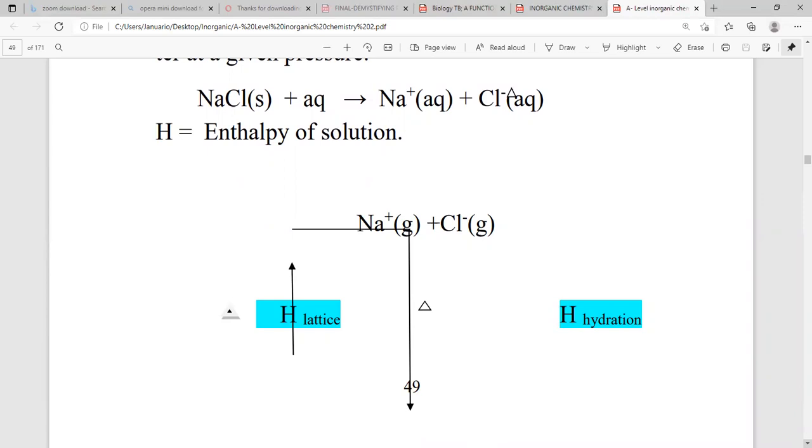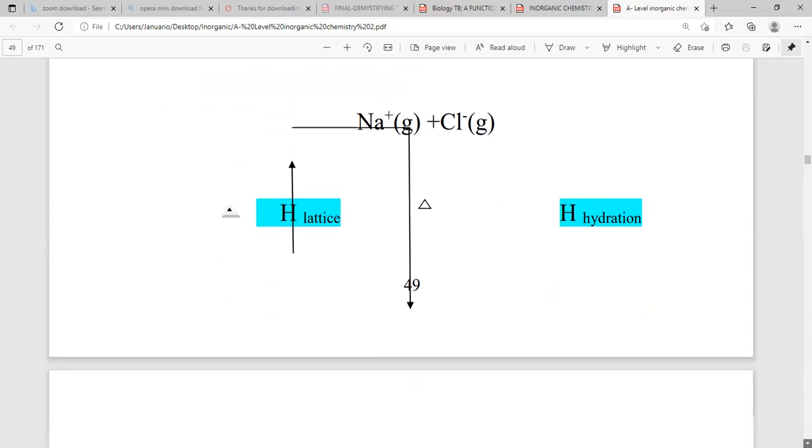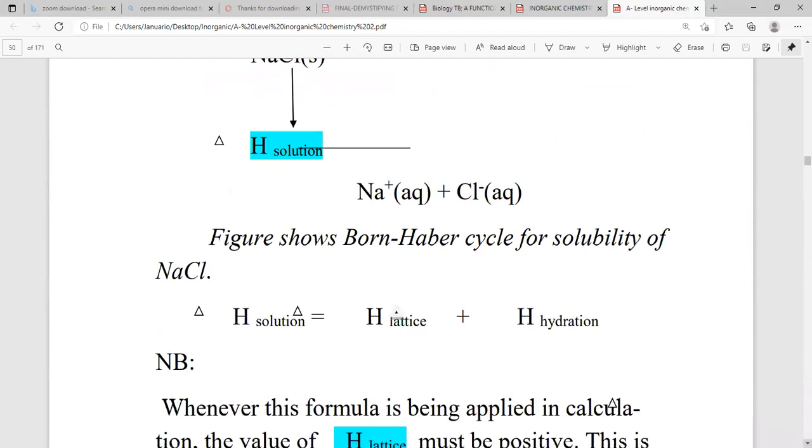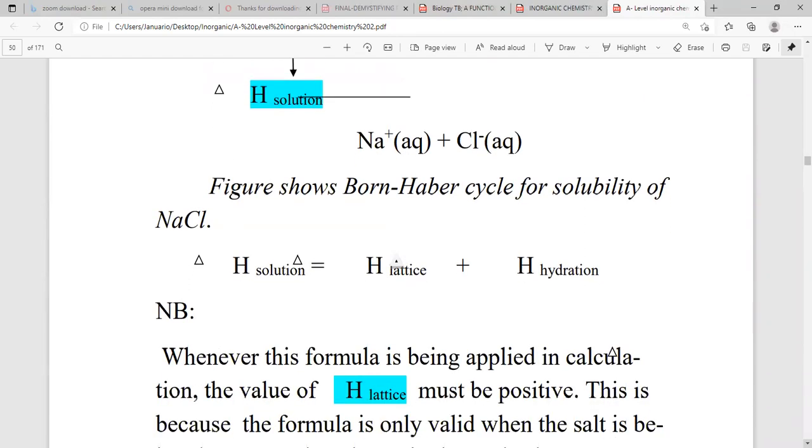And then these gaseous ions are the ones that dissolve in water and give us the aqueous ions, when they are fully dissolved in water. So that shows the Born-Haber cycle.